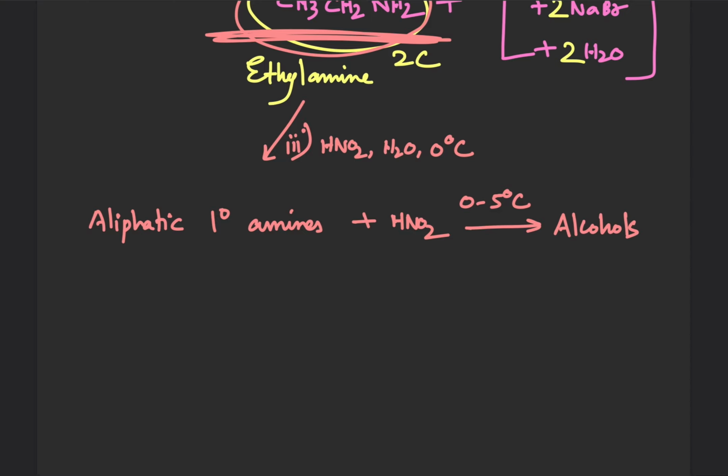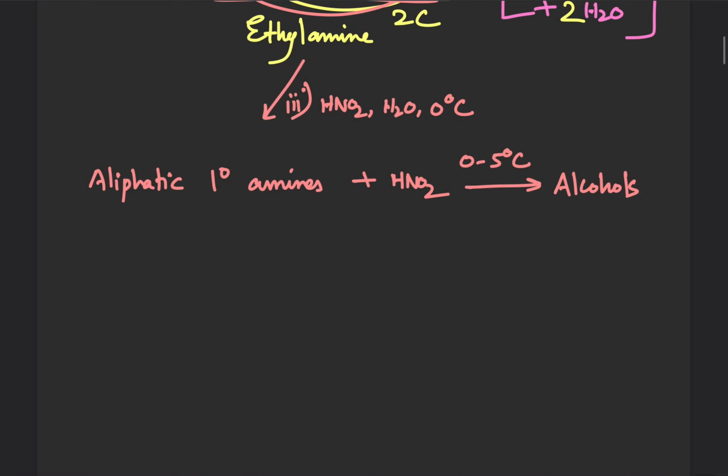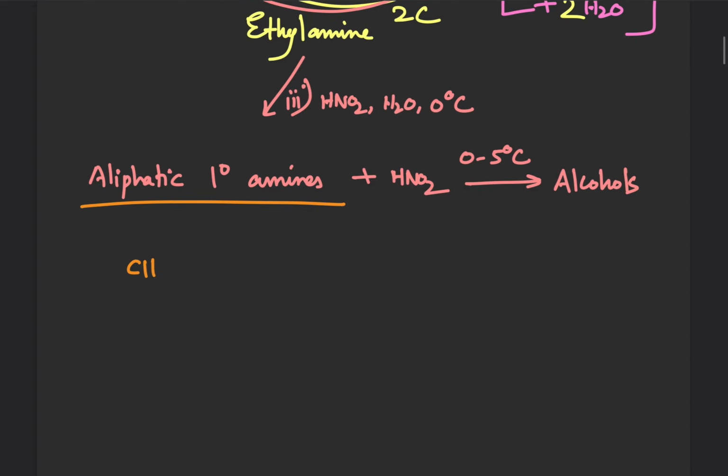With respect to the reaction, I can write the aliphatic primary amine CH3CH2NH2 reacting with HONO.